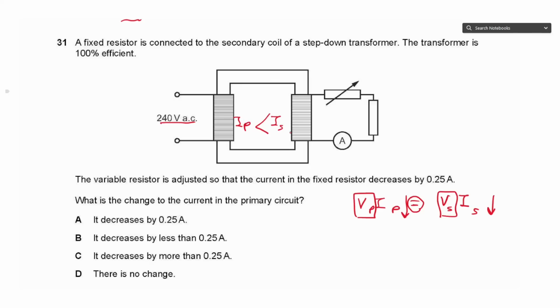So the current on the primary coil is less than the secondary, so it decreases by a smaller number. It is the same fraction, same factor, but in general smaller number. For example, half of 8 is 4 and half of 2 is 1. So from 8 to 4 you decrease by 4, from 2 to 1 you decrease by 1, so it decreases by less than 0.25 amperes. So the answer is B.